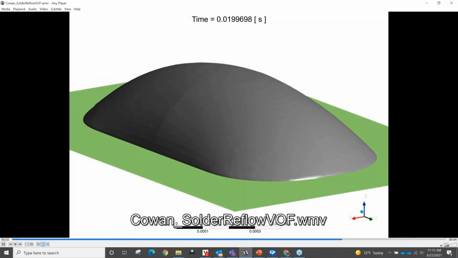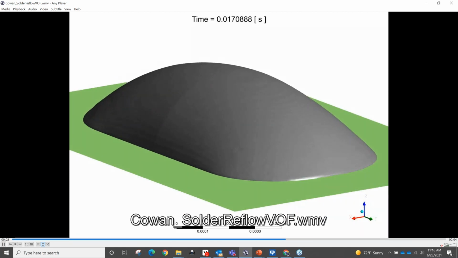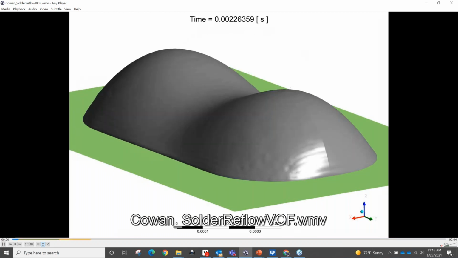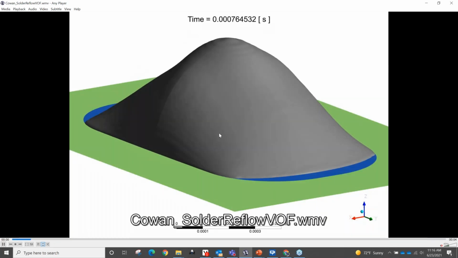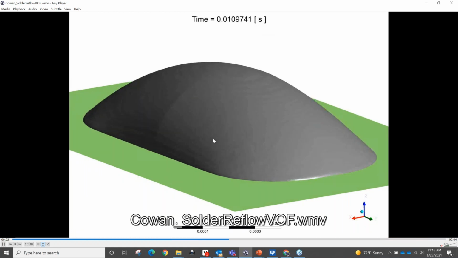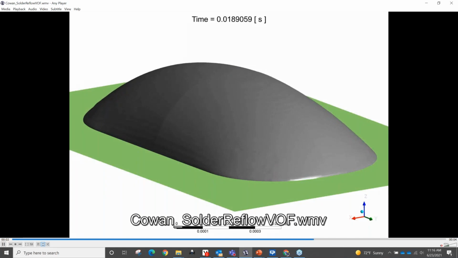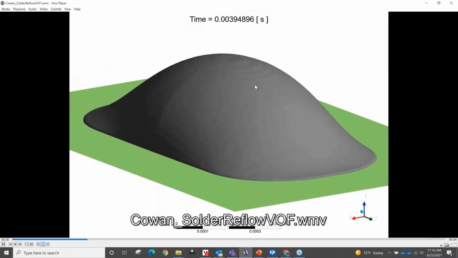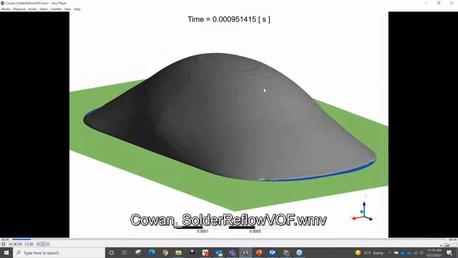So again, you can use either ANSYS Fluent or ANSYS CFX to calculate the final shape of these solder joints. And these simulations are done in our CFD models because this is a VOF, volume of fluid simulation, where the surface tension of the fluid becomes really important.